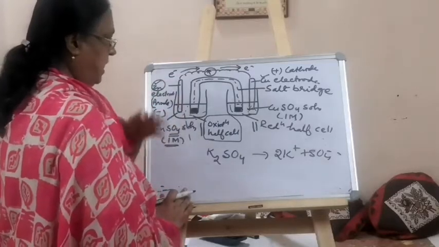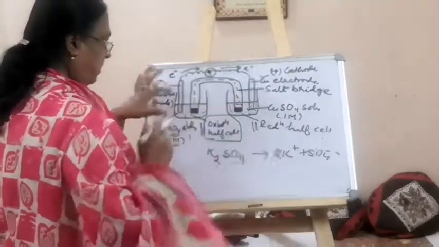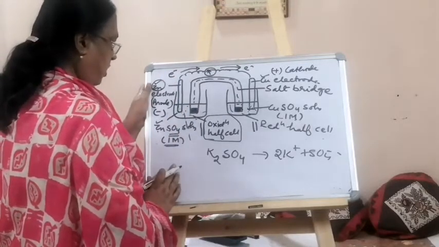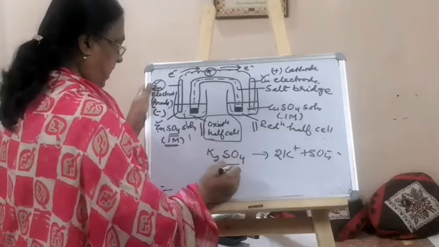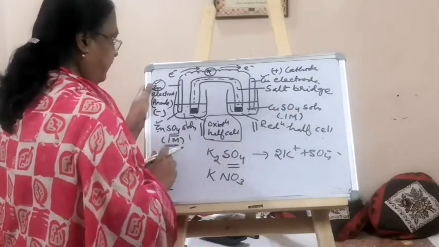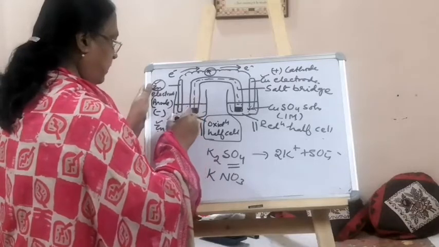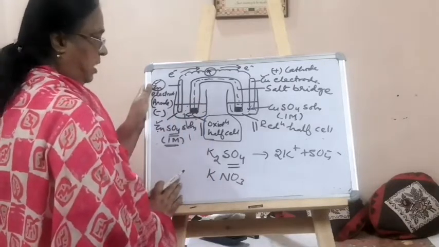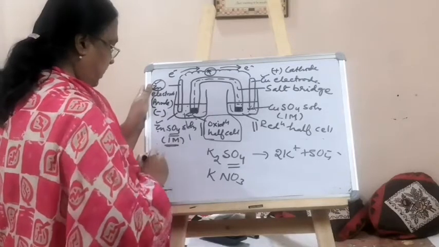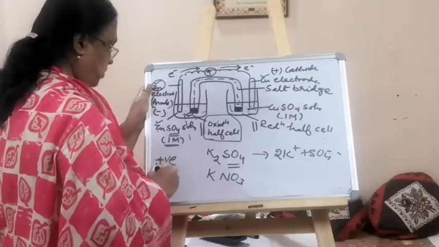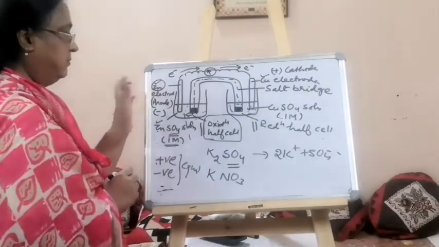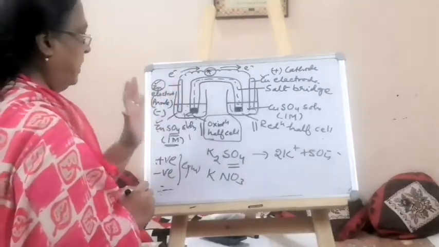So to maintain electrical neutrality between positive and negative ions in this oxidation half cell, what will happen? Some sulfate ion, or if you have taken KNO3, some nitrate ion, will pass from the salt bridge into this solution. The concentration of positive ion and negative ion will be equal, so neutrality will be maintained here.